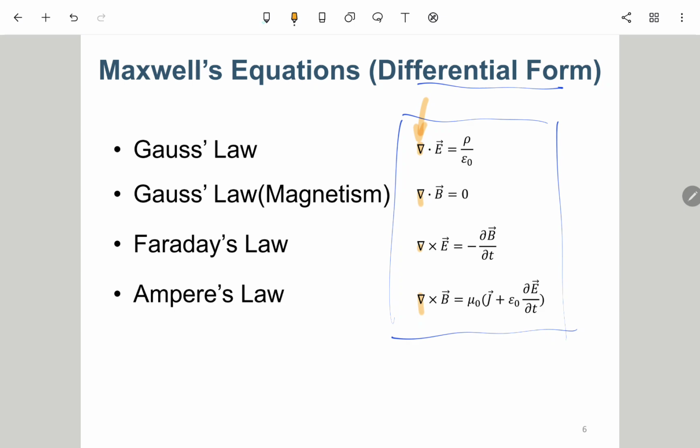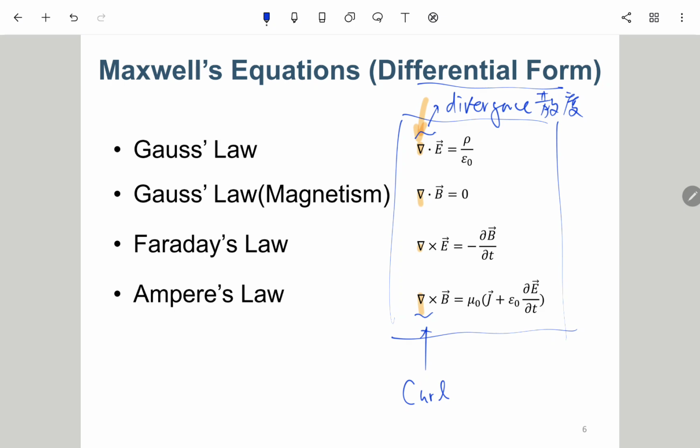Then we will call this whole thing divergence, in Chinese, 散度. And for this one, we call it curl. I forgot the Chinese name, but never mind. So anyway, this is the answer.